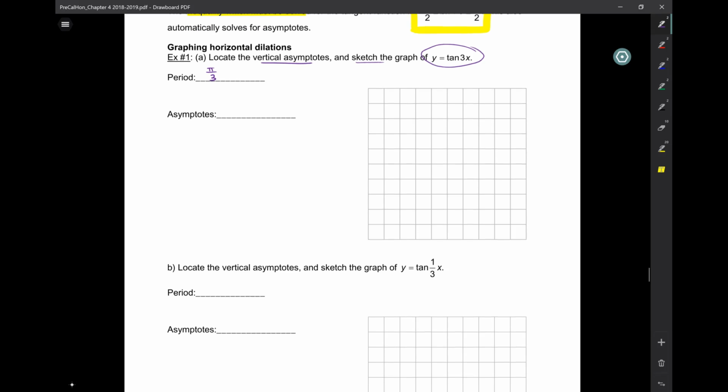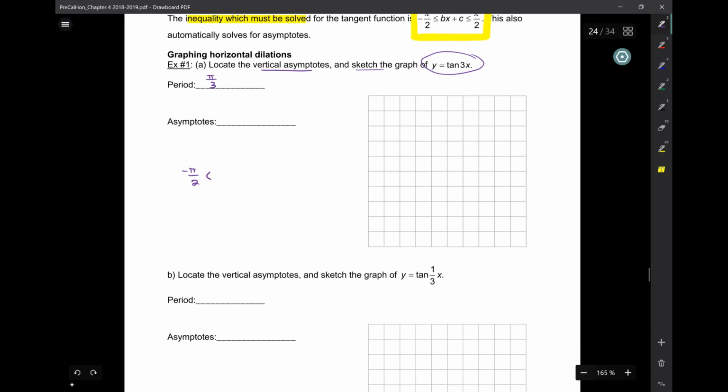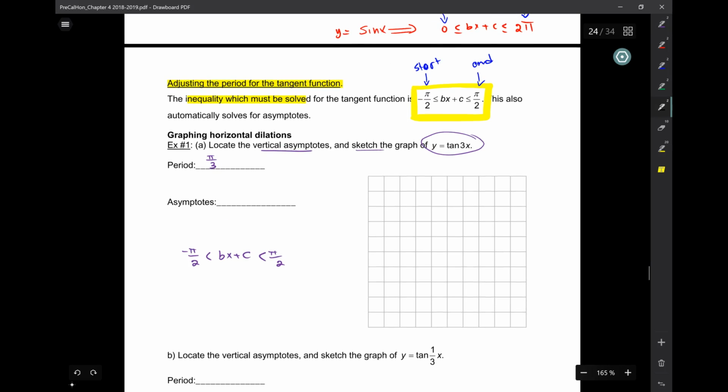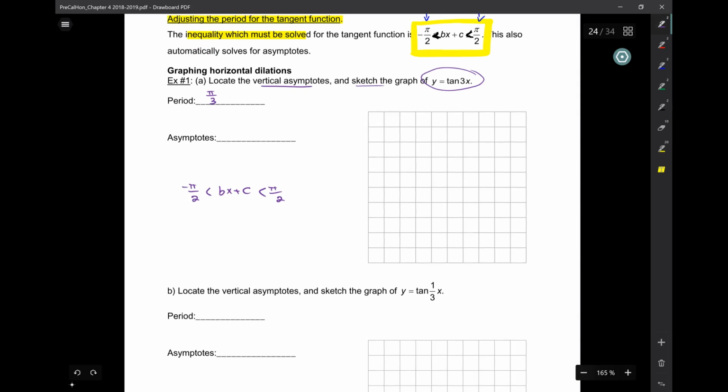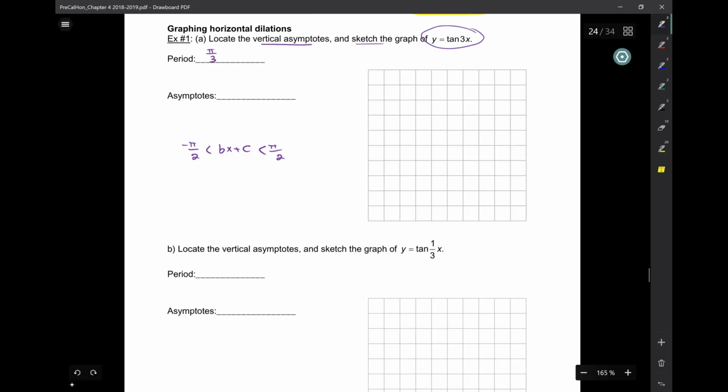So, let's solve this inequality: negative pi over 2 less than bx plus c less than pi over 2. I thought I had fixed this. These should not be less than or equal to. It should just be less than, because there are asymptotes, it can't equal those points. So what do we put in the middle here for this equation? Just 3x.